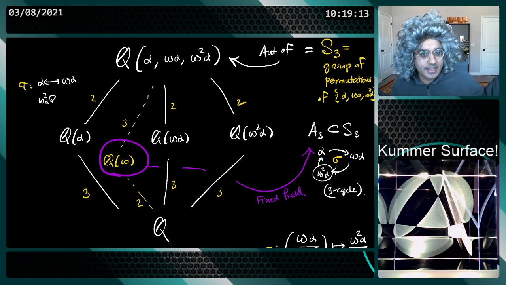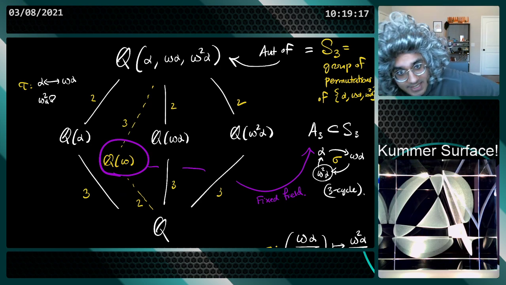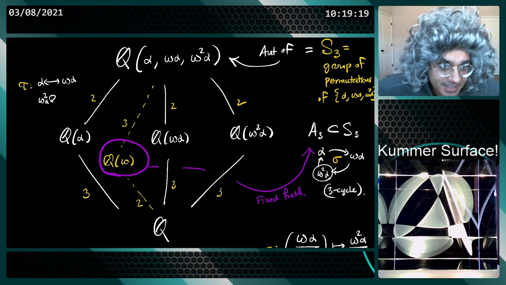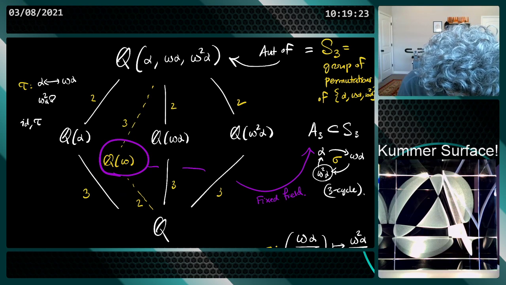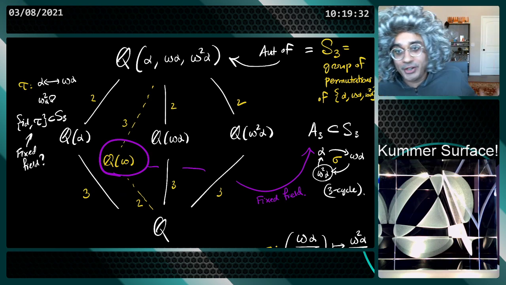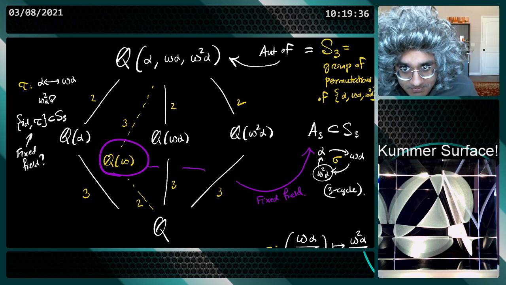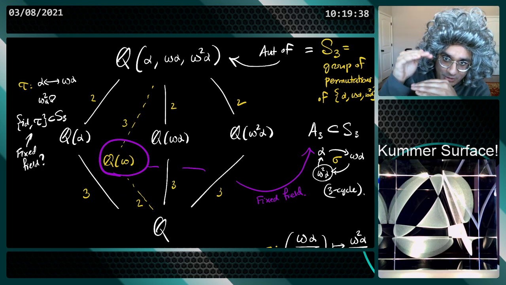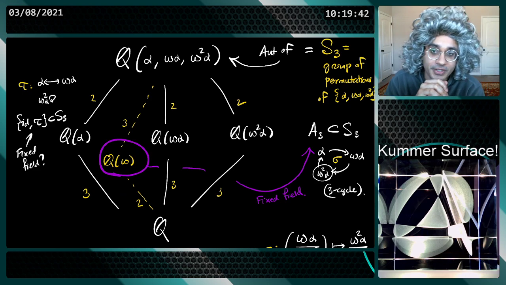Tau swaps, let's say, alpha and omega alpha, and keeps omega squared alpha within itself, let's say. What is the fixed field of the subgroup? Well, the theorem we just learned is that it's one of the 3 index 2 subgroups, or index 2 subfields, or fields that are 2 degree away from the large field.